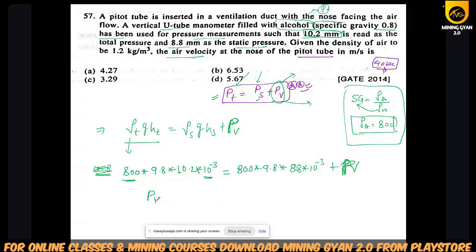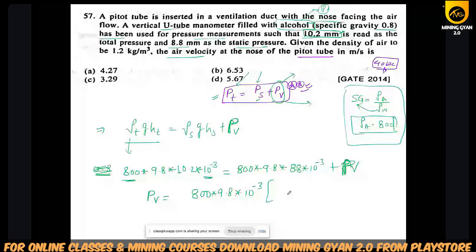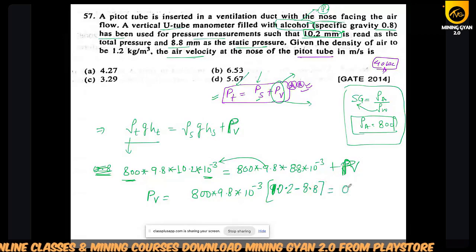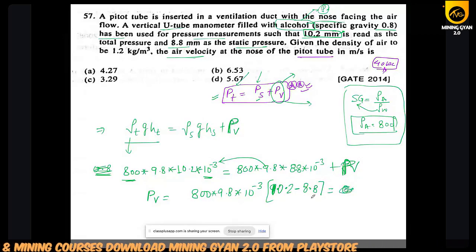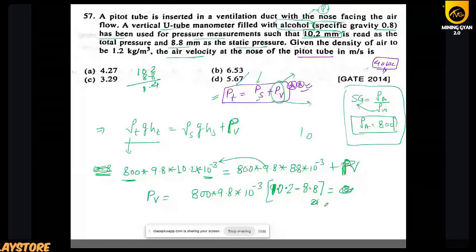So if we calculate PV, you can calculate 800 into 9.8 into 10⁻³, so यहाँ से आ जाएगा ये, फिर ये इधर जाएगा ना। So 10.2 minus 8.8, ये आ जाएगा 0.2। Multiply all the values, 9.8 into 10 to power minus 3.